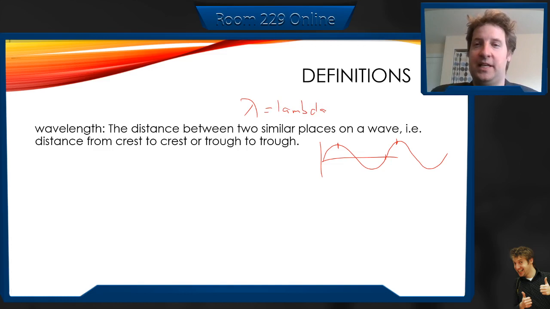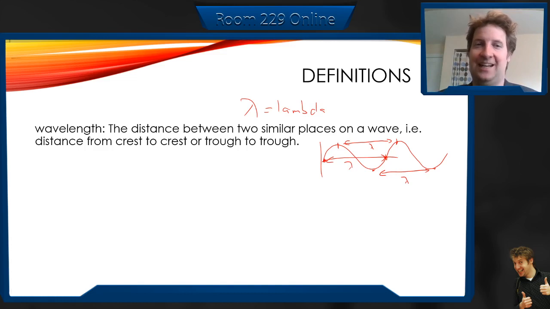Lambda defines the distance between crests, or alternatively, the distance between troughs. Or you can also do it from one equilibrium position to the second equilibrium position. That's also a lambda. All of those are the same length. It's the amount of distance that has to happen for there to be another wave starting.